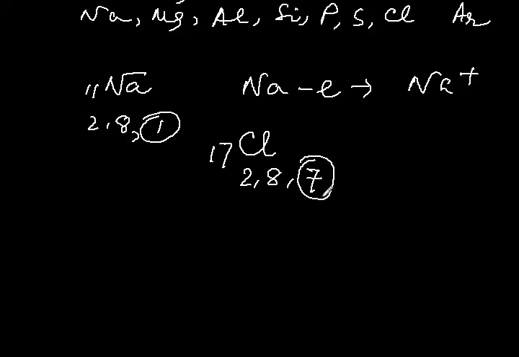It is very inconvenient and cumbersome to remove one electron from the outermost shell of chlorine, the most loosely bound electron. So the maximum energy is required for removal of one electron from chlorine to form a cation. Therefore, the ionization potential of chlorine is maximum and that of sodium is minimum.